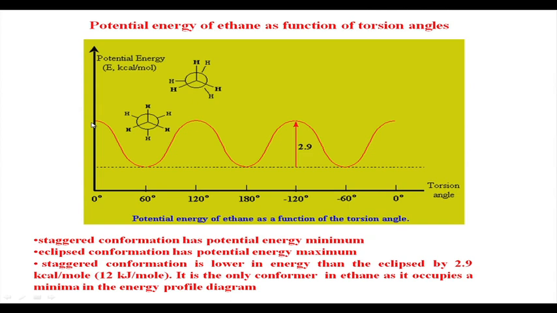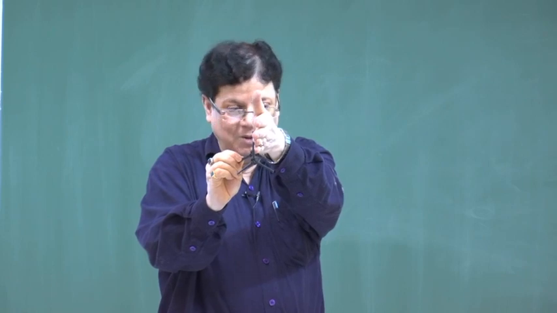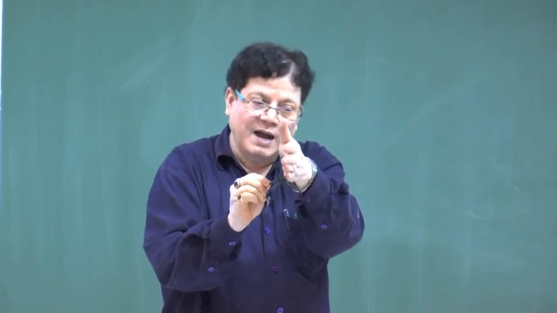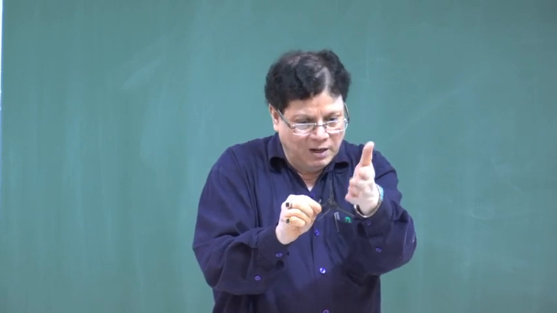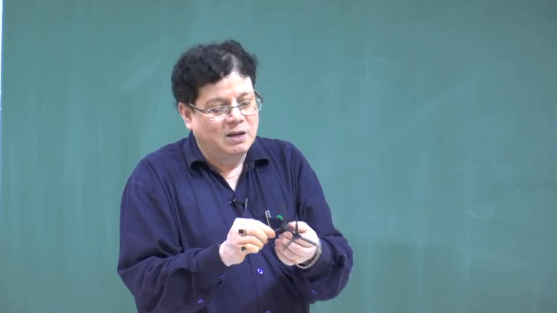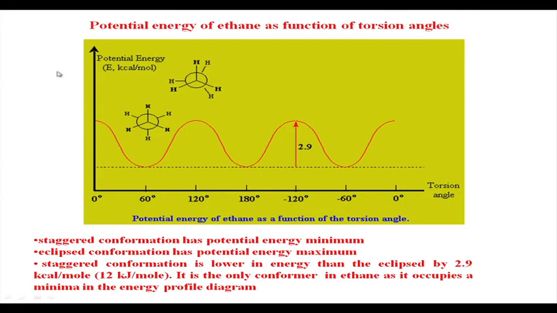That means, when these are fully eclipsed, the dihedral angle is 0. Okay. So, that is the fully eclipsed form, that has got the highest energy. Okay. We will come back to that, what is the reason for this having the highest energy. That will come later, but right now you assume that that is the highest energy.